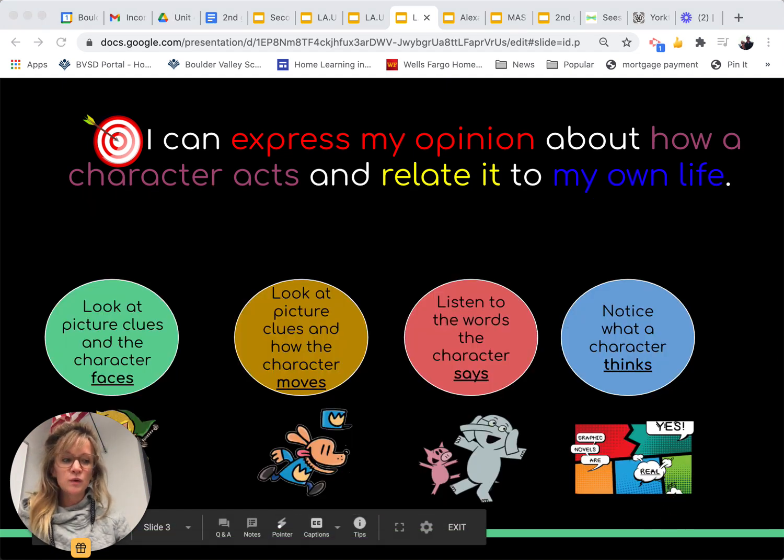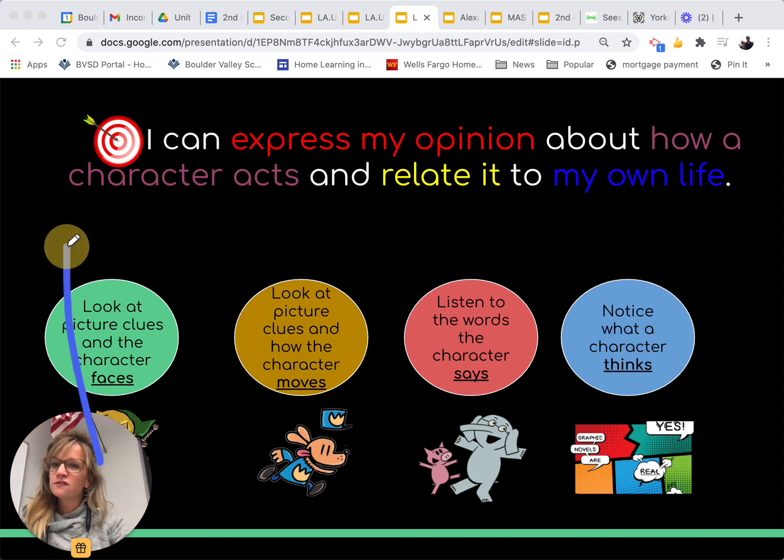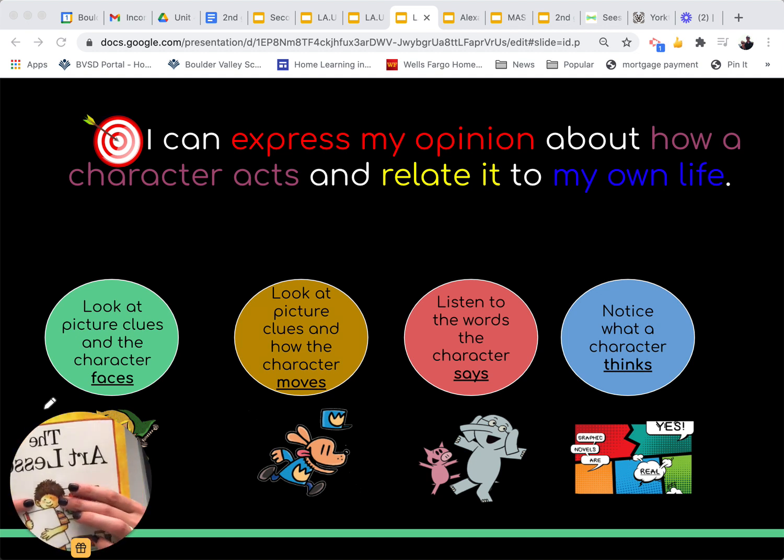Now today, when we practice with some of the characters we are familiar with, who we've recently read, and when you get to practice on your very own, I want you to think about these 4 things that you see on your screen. One is, I want you to look at the picture clues carefully and notice character faces.